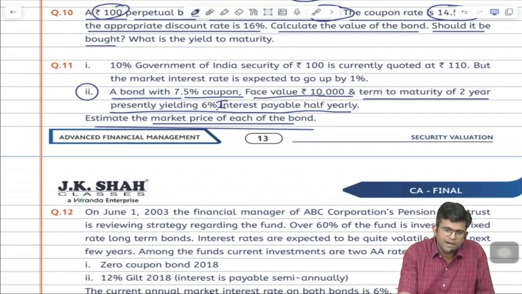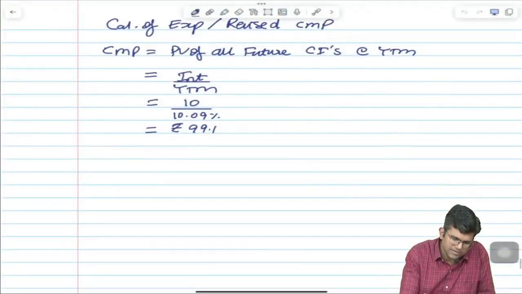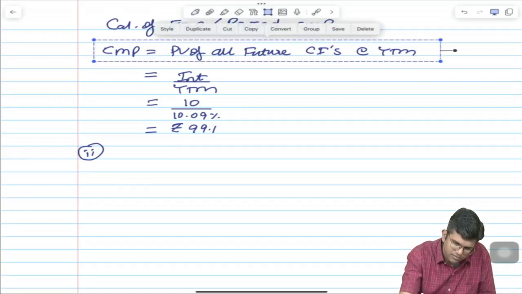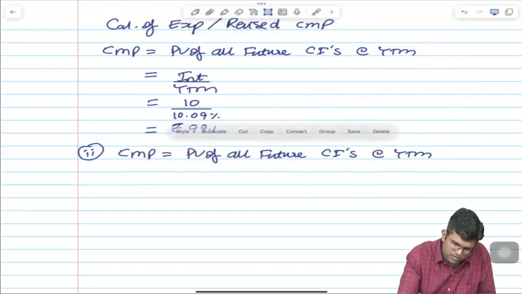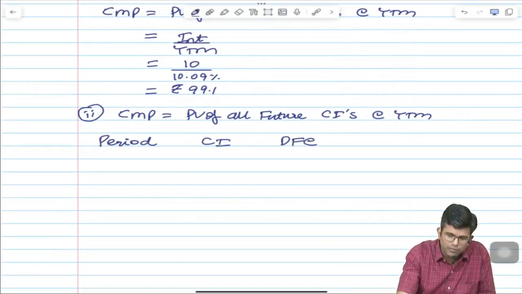How to find market price? Very simple. You will say point number 2, CMP is equal to, in fact I'll just copy this from here, and I will say not year, but I hope you remember, we will call it period. Period, cash inflow, DF. I hope you took 3%.